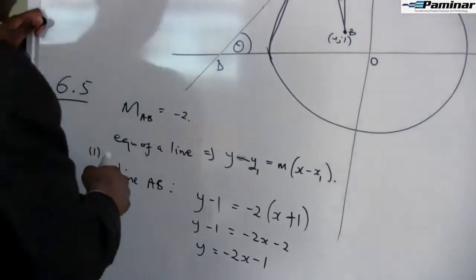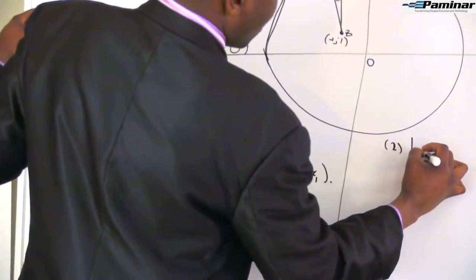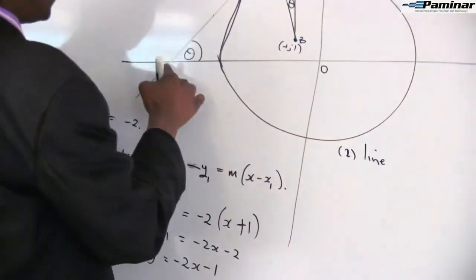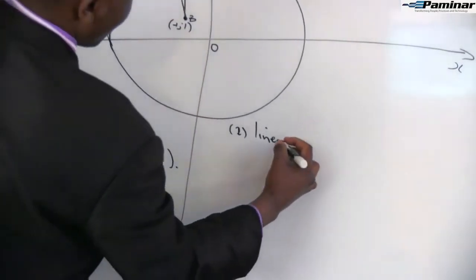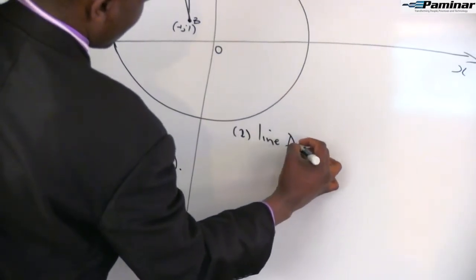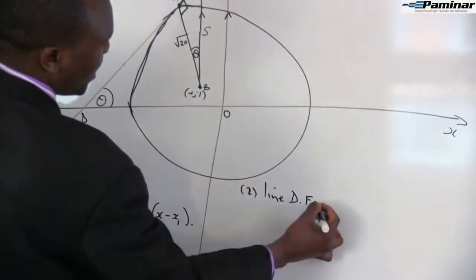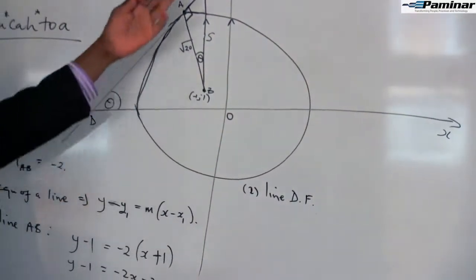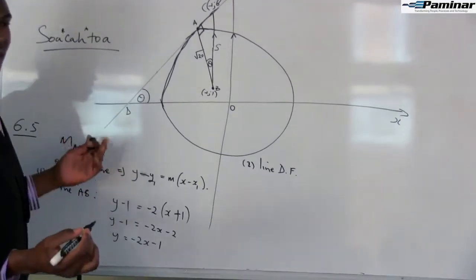Now, let's look at the equation of line DF. But now it's passing through point C, and we know the gradient already.